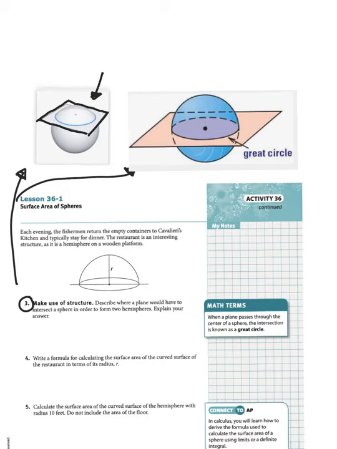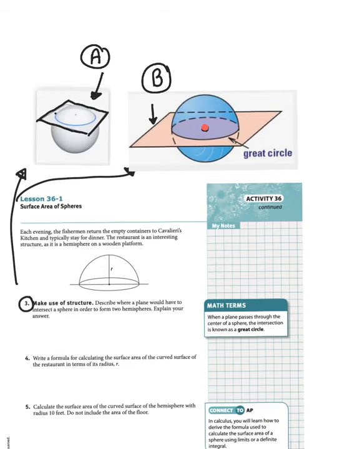As we can see from picture A, if the plane slices through toward the top, we're going to end up with a much smaller portion on the top than we are on the bottom. But in picture B, if that plane intersects right through the center of the sphere, I'll even mark that, the center of the circle, then it's going to be dividing that sphere into a top half and a bottom half.